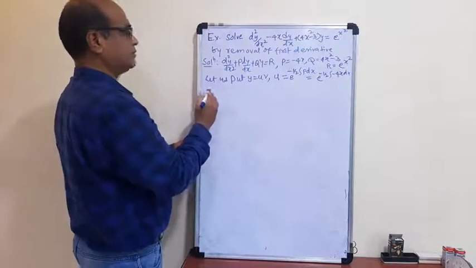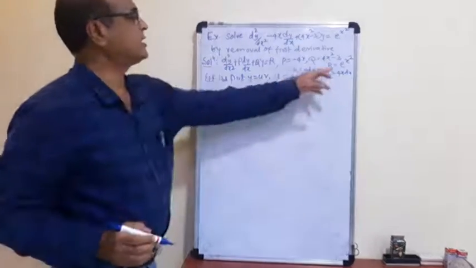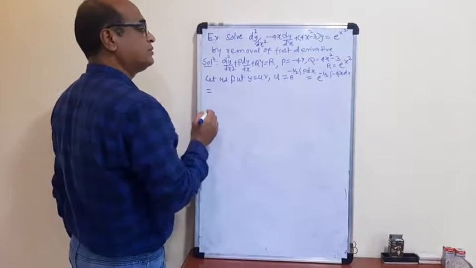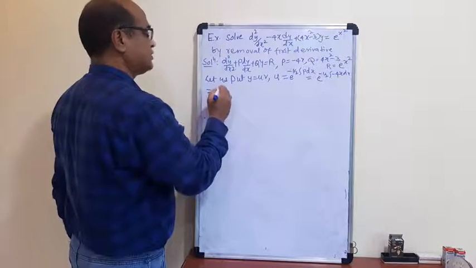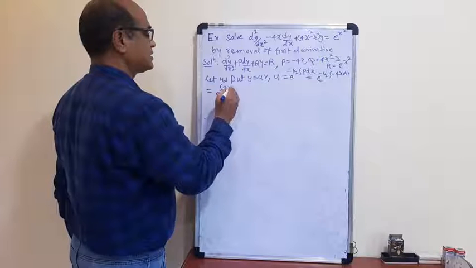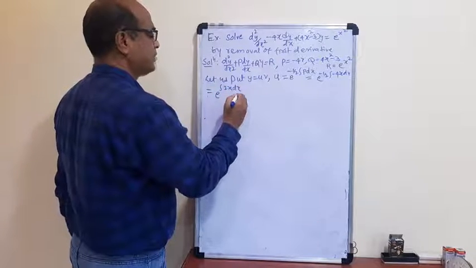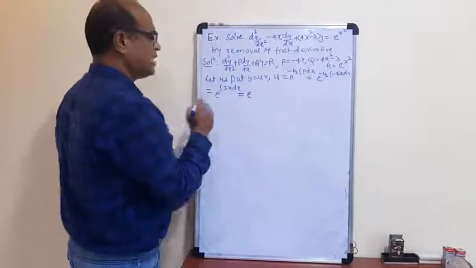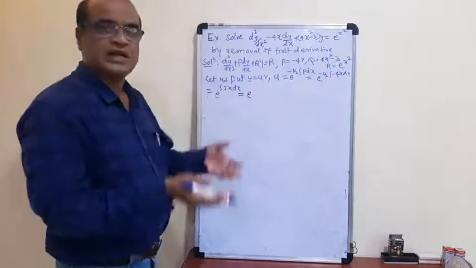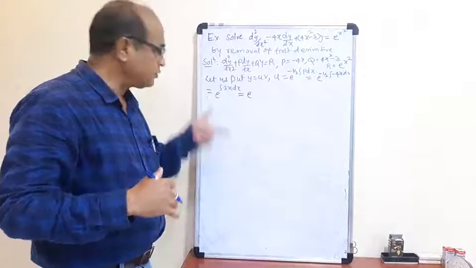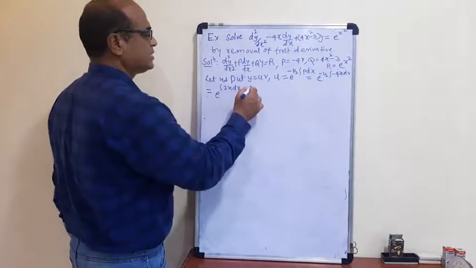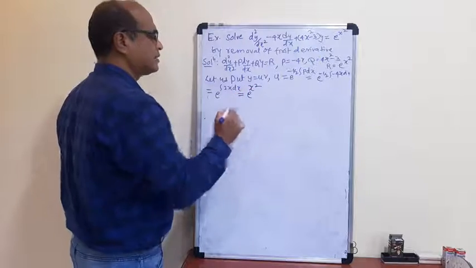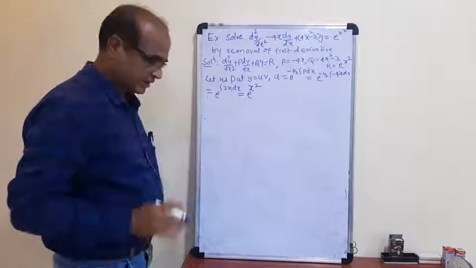The minus minus get cancelled, so that is 4 divided by 2, so we get e raised to integration of 2x dx. Integration of x is x square by 2, the 2 gets cancelled, so we get e raised to x square. So this is u here.